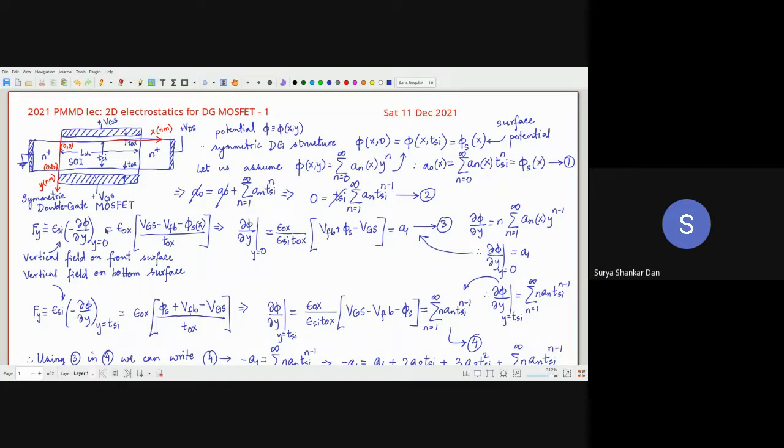One of the most important observations for this DG MOS is how to deal with very small scale devices. Remember, when we were dealing with the standard conventional MOSFETs, we were essentially looking at it as if the channel length LCH is much larger than, let us say, the depletion width.